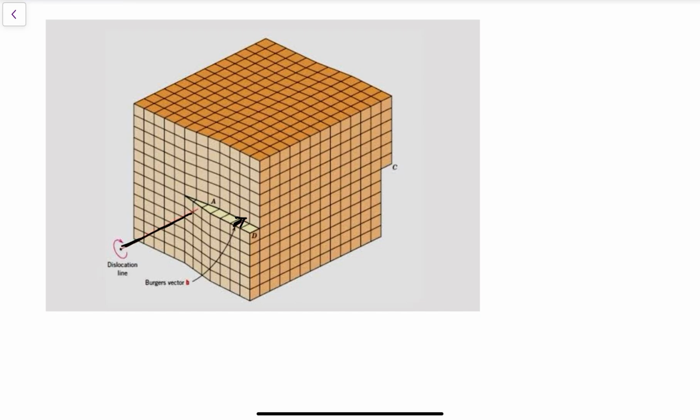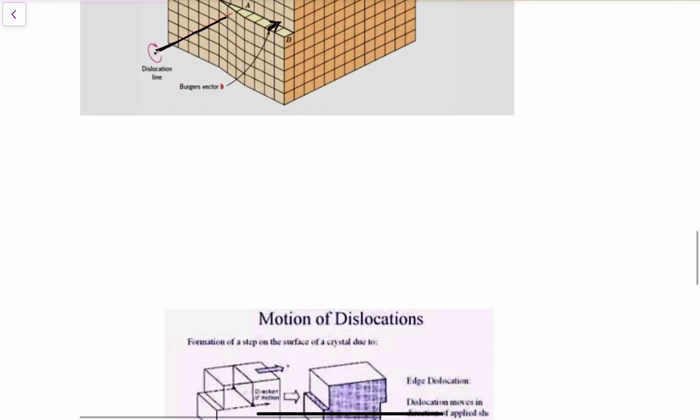You can see that the Burgers vector here is parallel to the tangent vector. That is why you are getting a screw-like dislocation here. It is twisting around the dislocation line.